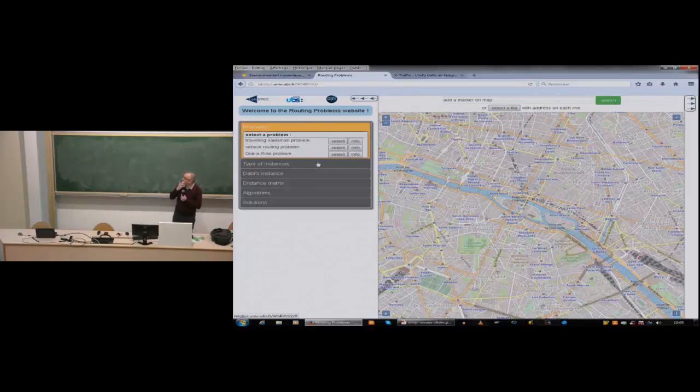So this is an excellent idea. For example, if you want to have a lab session with your students, it could be very pleasant for the students to write a solver. For example, yesterday Christian wrote a CVRP solver.